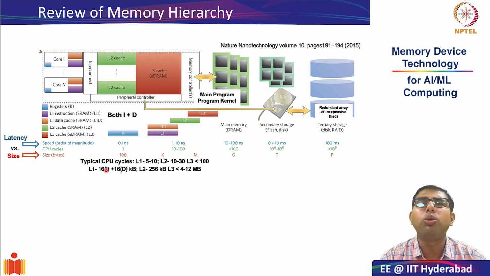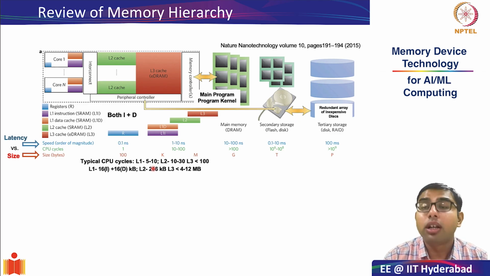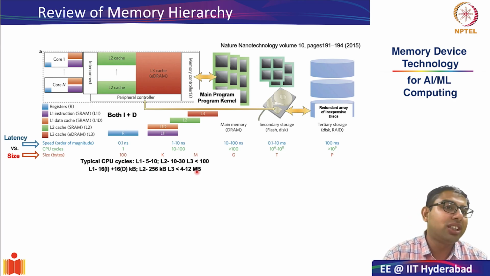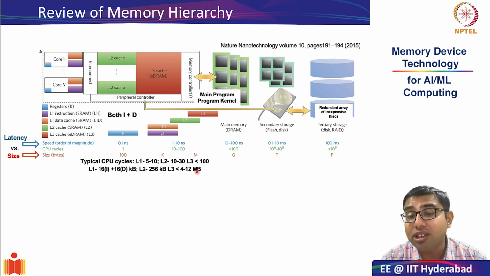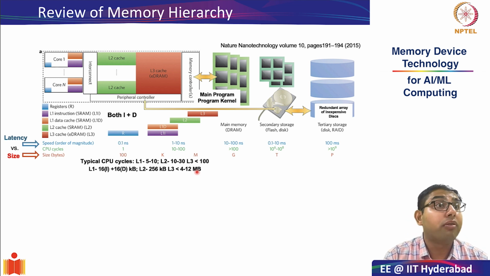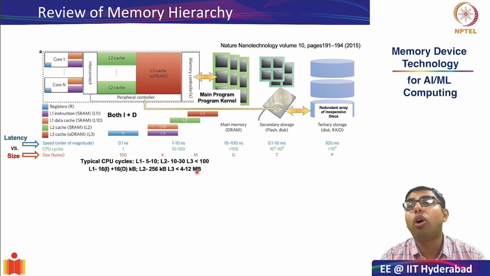So together it is around 32 KB, in the order of tens of KBs, whereas for L2 caches the size is in the order of hundreds of KBs. Now remember that L2 and L1 caches are specific to individual cores. And therefore the L3 cache, which is a large bank or a repository for very frequently used data and to be shared amongst all the cores, is quite large, and that is in the order of a few MBs.